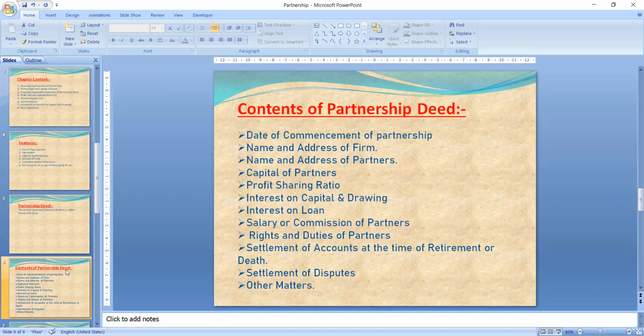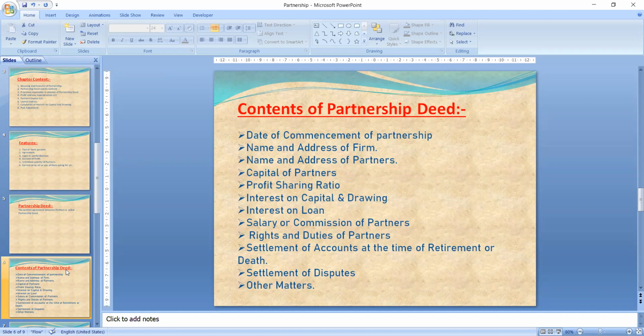After that there are different matters, that is the capital of partners and the profit sharing ratio, how much amount is contributed by each partner as capital. If we do not write these matters, there may be a dispute when a partner with very low capital claims that he has invested more money.